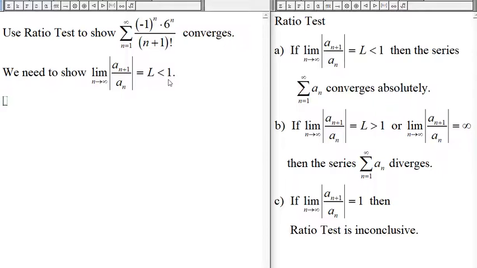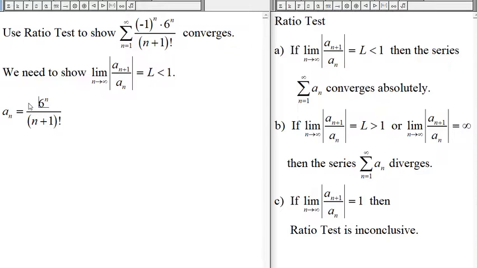And so first, let's get a sub n. Now, since we're doing the absolute value, the negative 1 won't matter, because the absolute value of negative 1 will be just 1.